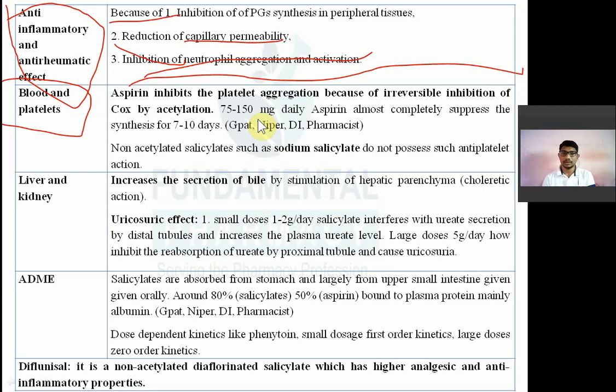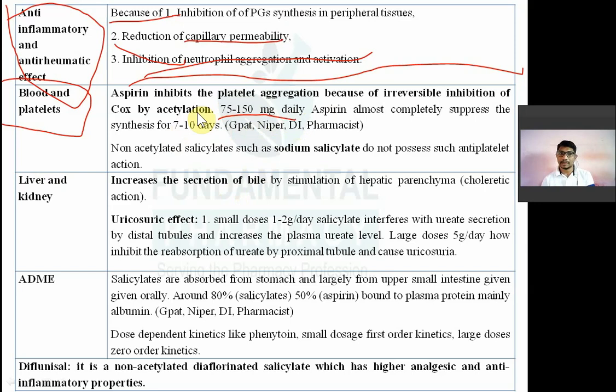Because of the inhibition of COX-1, there will be no production of prostaglandin and no aggregation of platelets. That's why aspirin is given in a dose of 75 to 150 milligram. Remember the dose, 75 to 150 milligram daily.